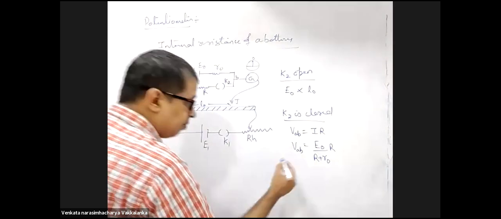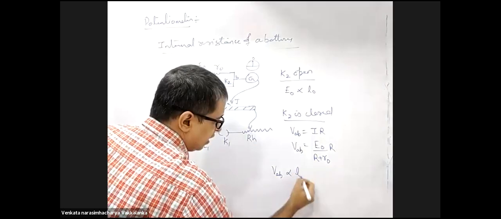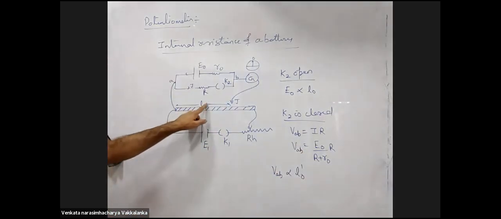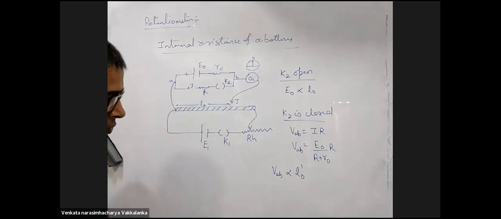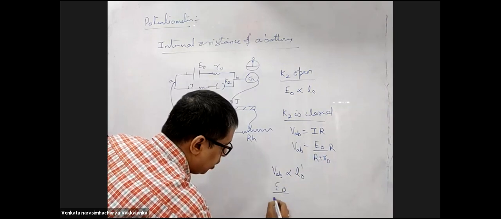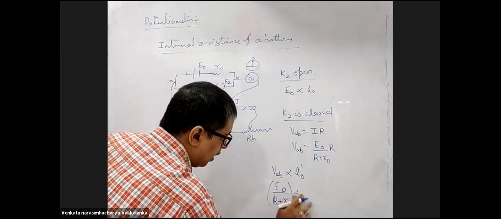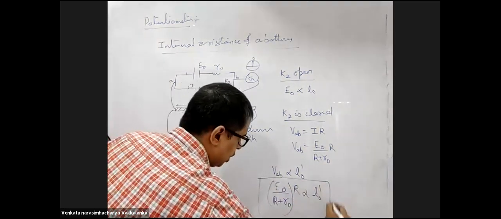Now you find out the balancing length. Potential difference across AB is directly proportional to L0 dash. Now the new balancing length you find out is L0 dash after closing the key K2. That means E0 by R plus R0 into R will be directly proportional to L0 dash.